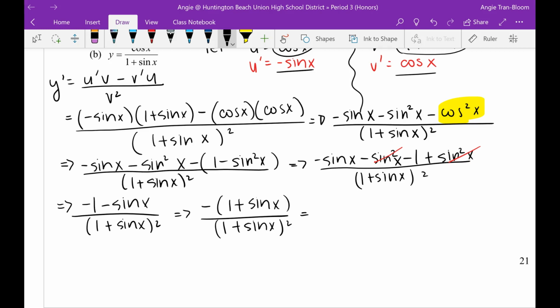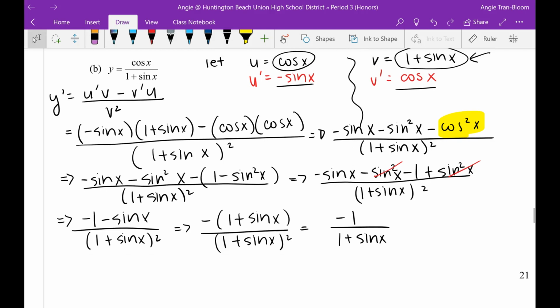Whenever you can reduce, you have to reduce, so that's why I did not multiply that out. I want it in factor form so that I can reduce. So guess what? This is the derivative of y. This is y prime. Now, if I'm going too fast, you can always pause, finish writing.